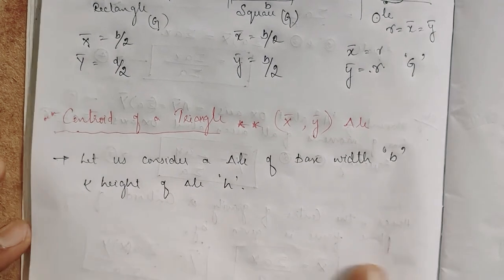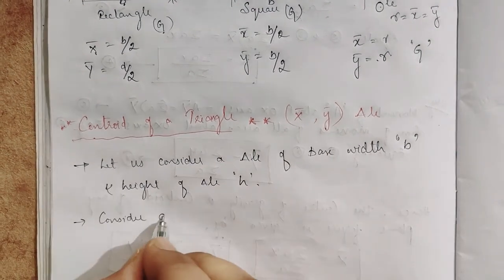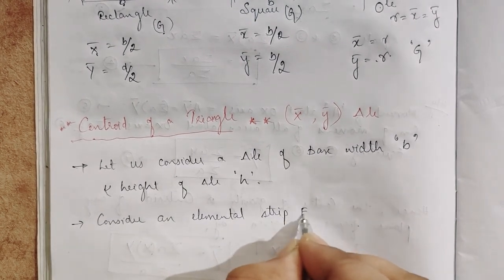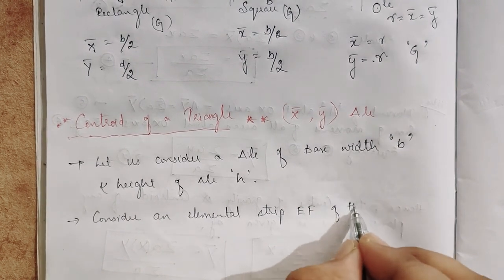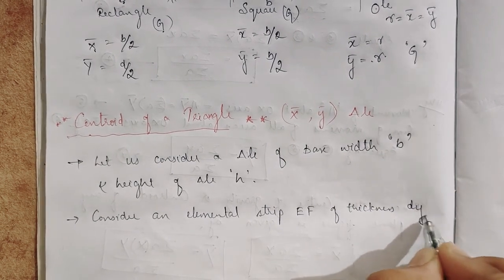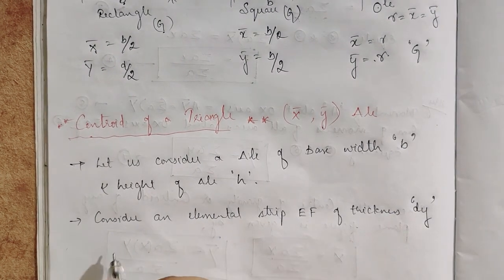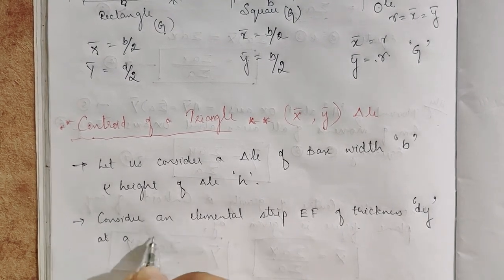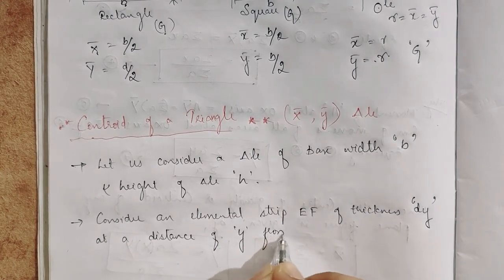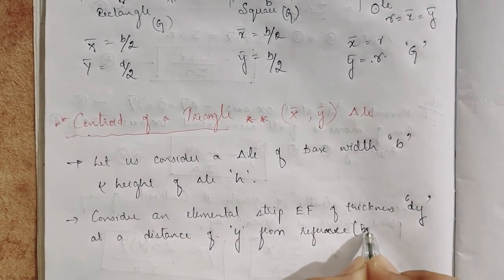Now I'll consider an elemental strip EF of thickness dy, I'll change it from dA, at a distance of y from the bottom reference.